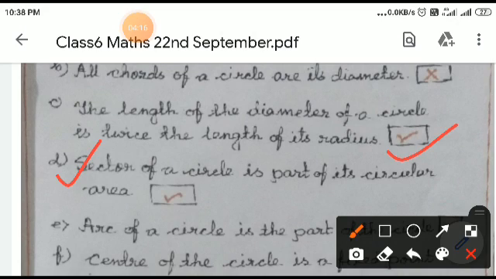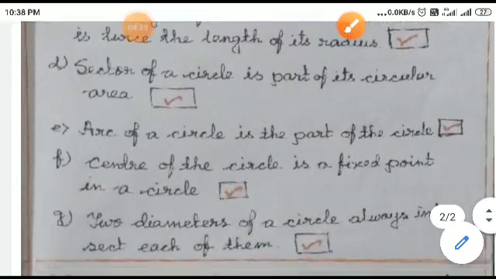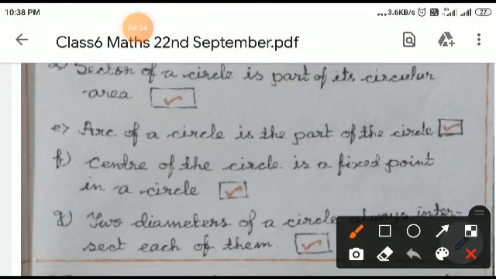Number D, sector of a circle is part of its circular area. Yes, this is right. Sector means the part bounded by two radii and an arc. This is the part of the circular area. Number E, arc of a circle is the part of the circle.